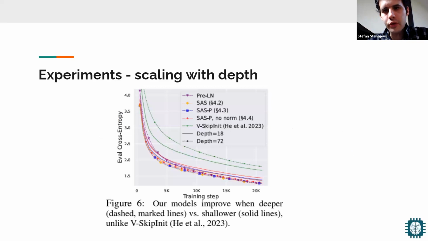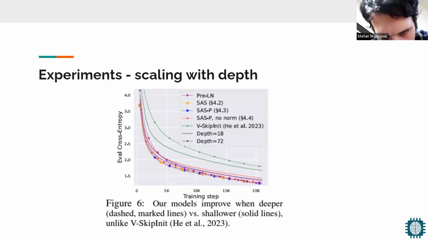Okay, and now I'm just going to show some of the results. SASP, this is what they call their model. Basically what this shows is that it performs similarly, I think a bit better, than pre-LN, which was the original transformer.